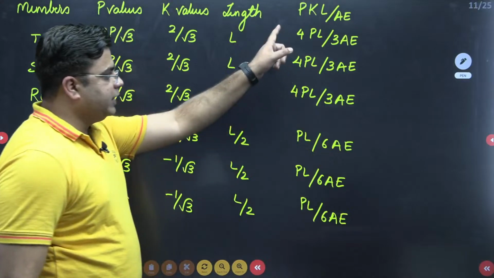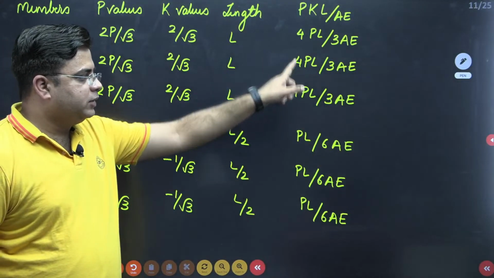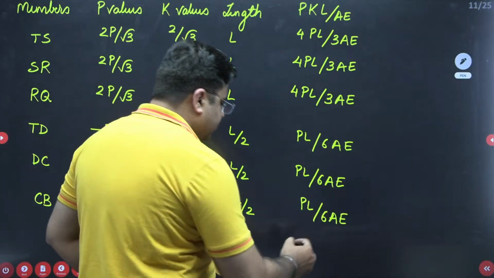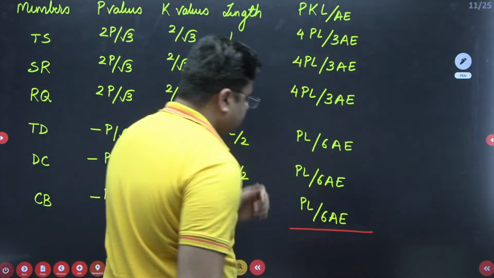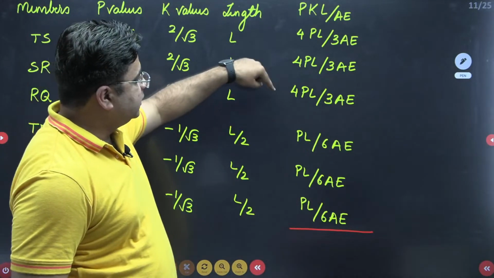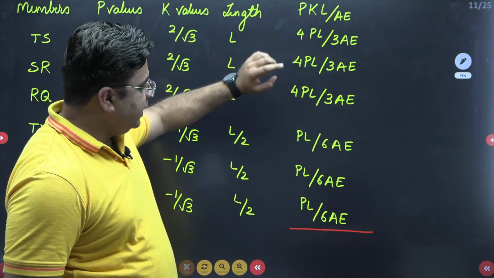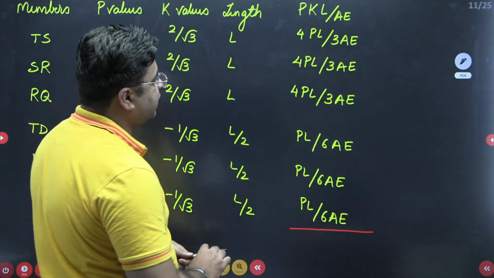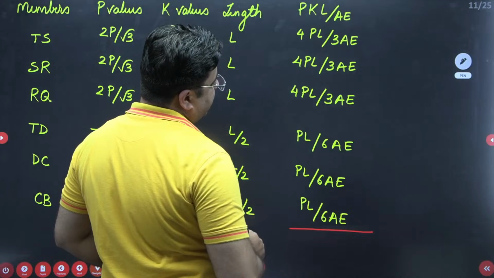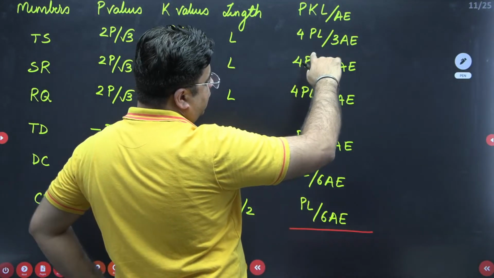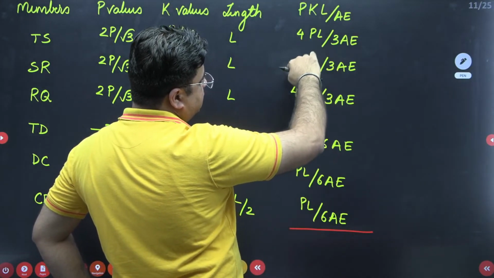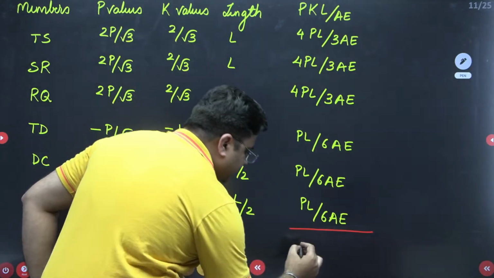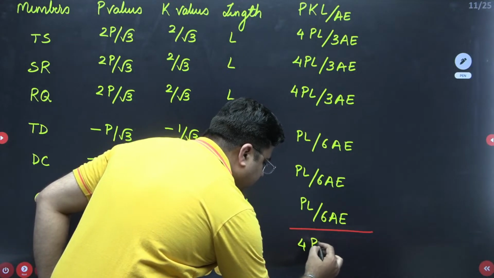You have to just take the summation of all this and you will get the vertical deflection of joint T. So take summation of this. How much will it be? This is 12 PL by 3 AE, which is 4 PL by AE.